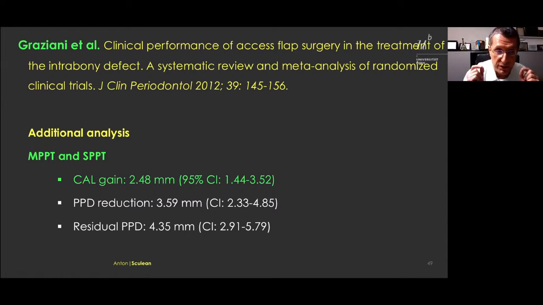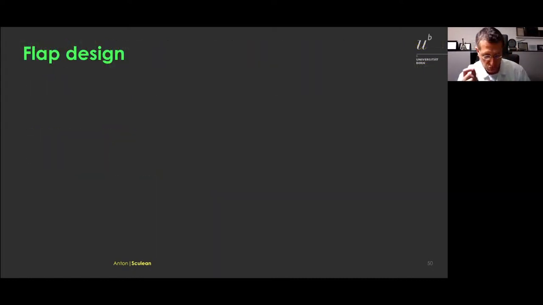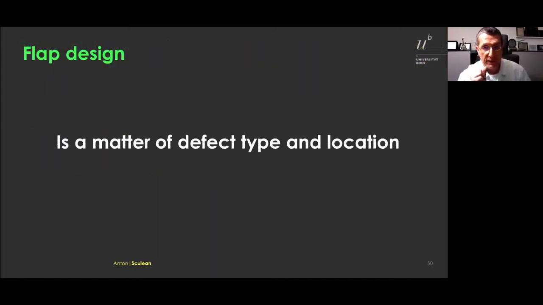What is the take-home message from this? Please try to keep the papilla intact, okay? Whenever you can. Very simple conclusion. So the flap design, of course, is a matter of the defect type and of the defect location, but always focus on preservation of the papilla, okay?